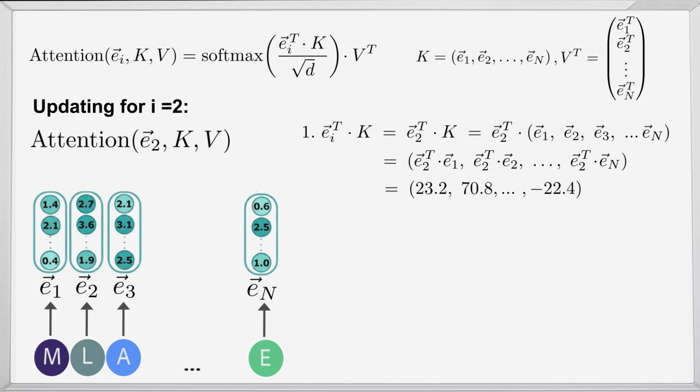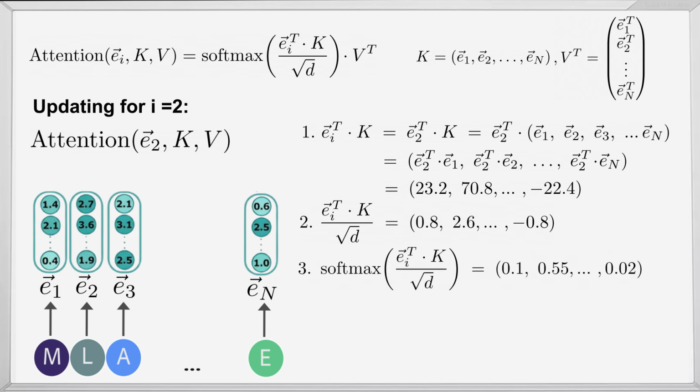Next, we scale all values of this vector by dividing by the square root of d, which is the dimension of the representation vectors. The reason for this is that the higher the dimension d is, the larger the magnitude of the scalar products can become, and by dividing by the square root of d, we account for that. Then we apply the softmax function.